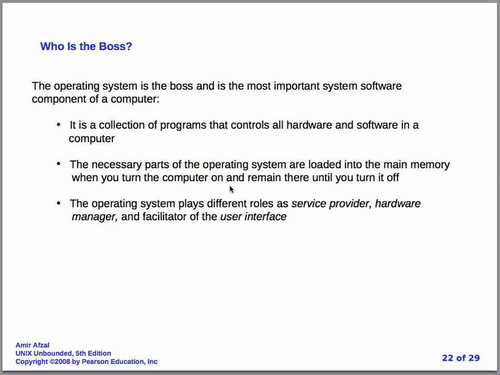Okay, so when it comes to software, who is the boss? It's the operating system that's the boss, and it's the most important system software component of a computer. It's a collection of programs. The operating system sounds like one big thing, but it's not. It's usually just a collection of hundreds of programs.